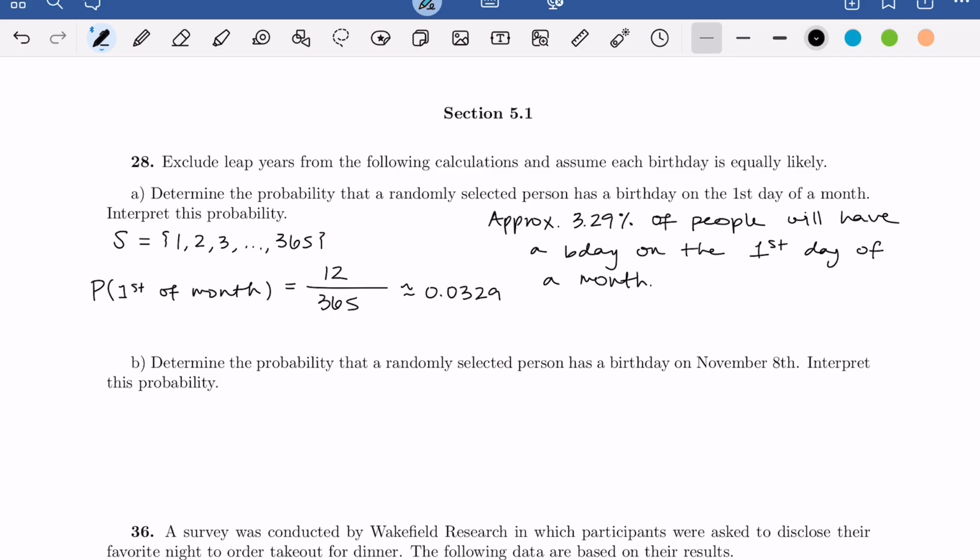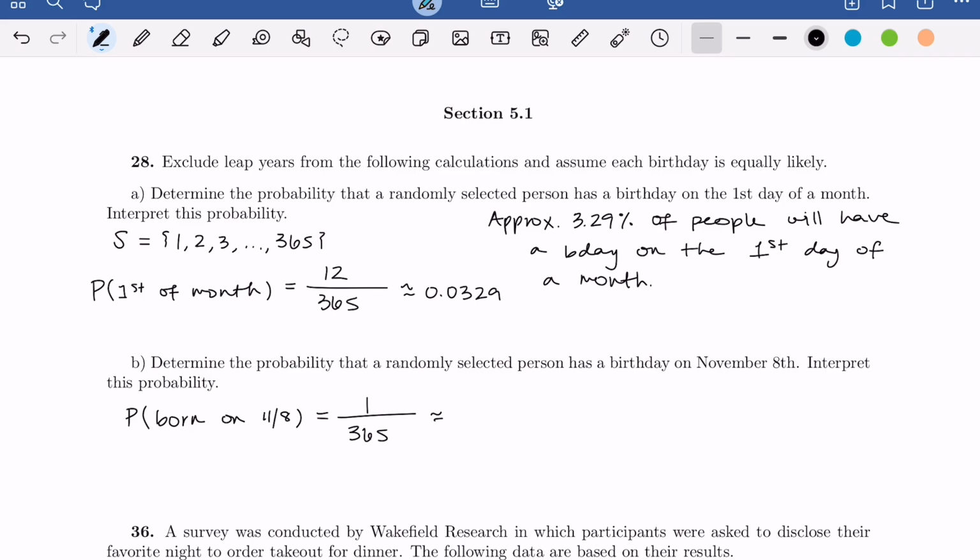We want to determine the probability that a randomly selected person has a birthday on November 8th and interpret this. So November 8th is only one option out of the 365 options that we have. So the probability that someone's born on November 8th is just going to be one out of the 365 equally likely outcomes.